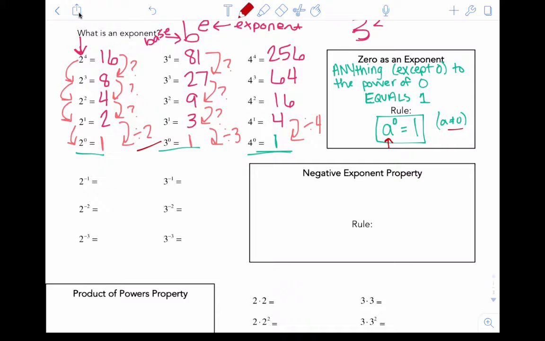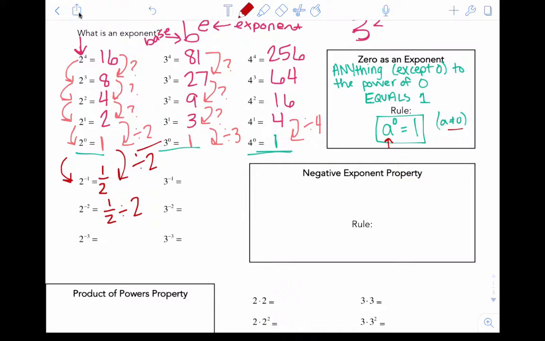So to get from a power of 0 to a power of negative 1, once again, we're going to divide by 2. So 2 to the negative first power, all I'm doing is dividing by 2. So I'm taking 1 divided by 2. And then to get from there to the next one, I'm going to divide by 2 again. So I'm going to take 1/2 divided by 2.